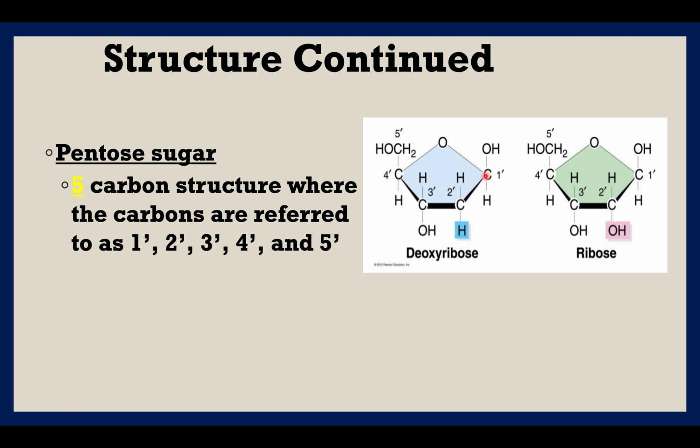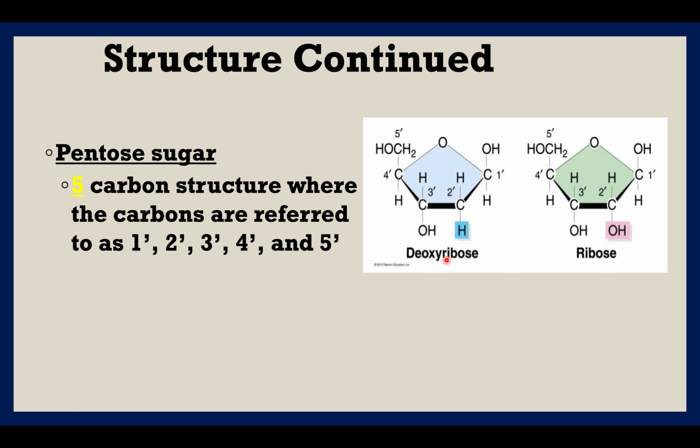This is carbon 1, carbon 2, carbon 3, carbon 4, and carbon 5. Before I show it to you, I want you to realize how the directionality is seen, from 5' to 3'. This is what we keep saying for DNA over and over again. The directionality is from 5' to 3'.